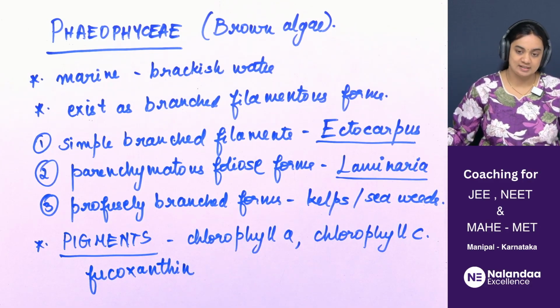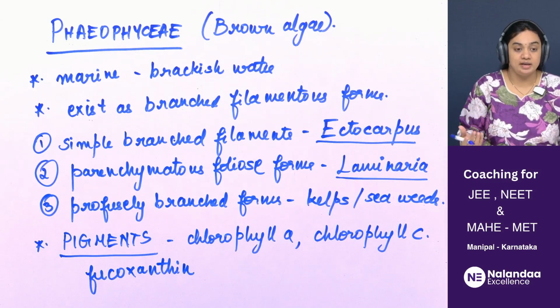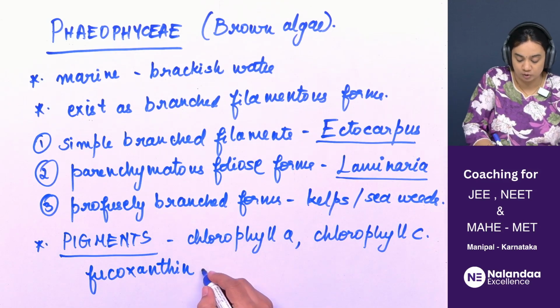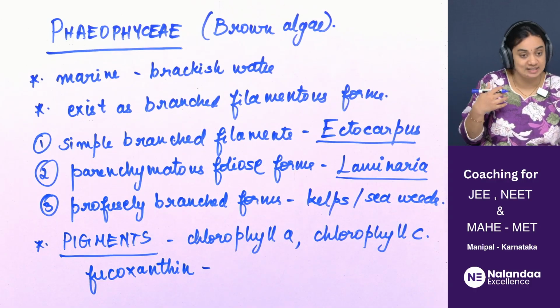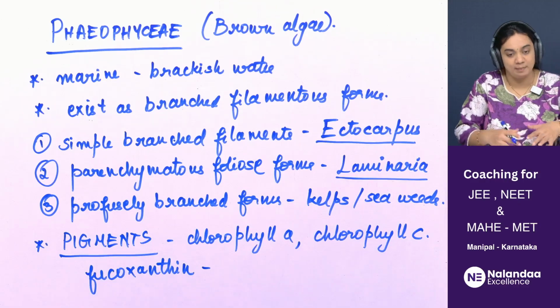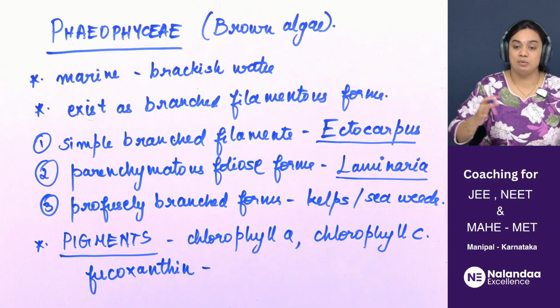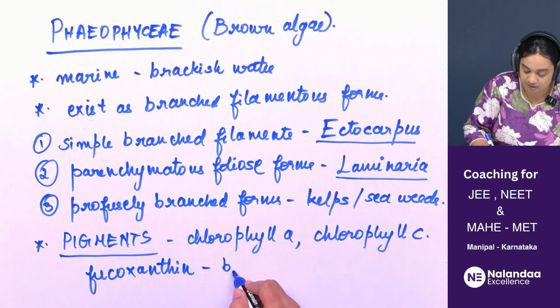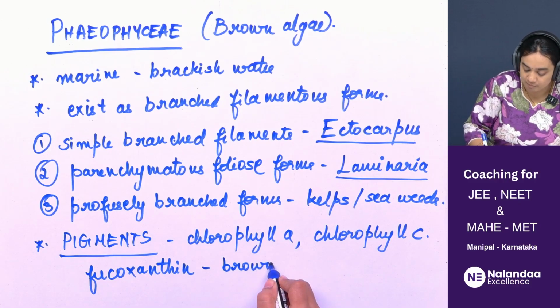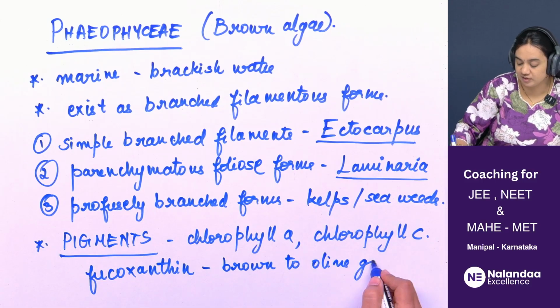Carotenoids and xanthophylls are present, but there is a predominance of fucoxanthin, which gives it the characteristic brown color. Based on the concentration of fucoxanthin, we can have a wide range of colors, from brown to different shades of olive green.